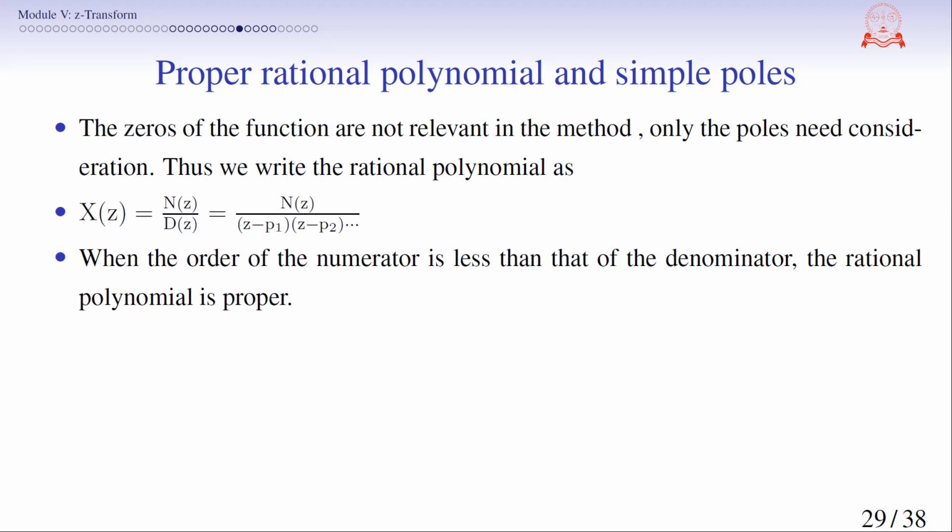When the order of the numerator is less than that of the denominator, the rational polynomial is proper. So we can write X of z as numerator part of z divided by denominator part of z is equal to a1 divided by z minus p1 plus a2 divided by z minus p2 plus a3 divided by z minus p3 and so on.